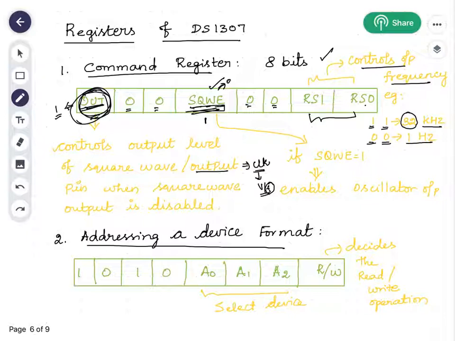Addressing a device format. That is, we are going to address a device. For that, we are following this particular format. These 4 MSB bits are standard; this must be 1010. And these 3 are address lines going to address the device or select a device.